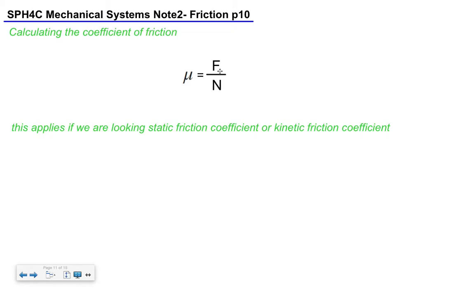I think in your lab it's kinetic, in which case you should be doing a constant velocity, where your friction force is going to be exactly equal to the force you pull. So you pull with a certain force, keeping it at a constant speed, and whatever that force is to maintain a constant speed is the number that goes right here. And of course the normal force is just your mass times gravity.